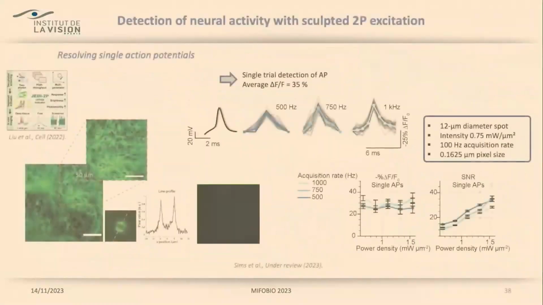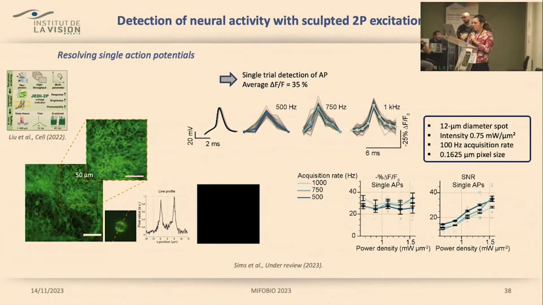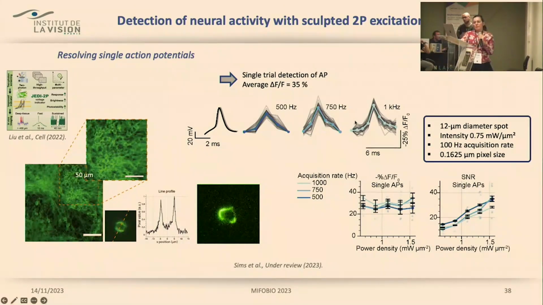So in our case, we were asked whether we could use our approach for voltage imaging, since we want to go fast. So we said, why not try, since we are scanless, to see if we can image voltage with parallel methods. And we used the recently developed molecule JEDI-2P, which is particularly optimized for two-photon excitation.